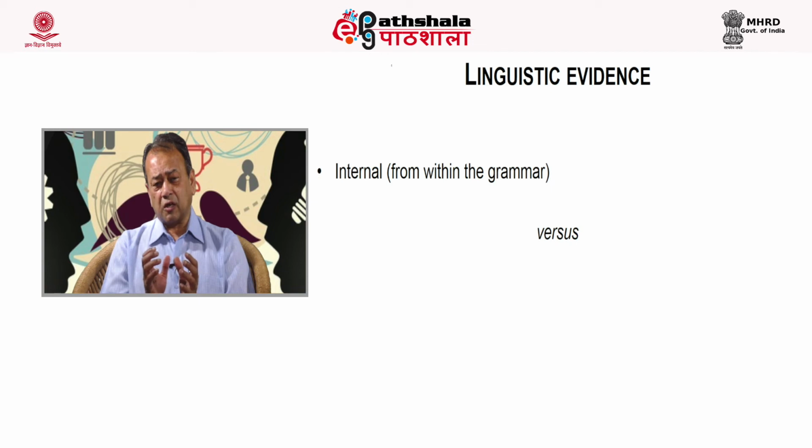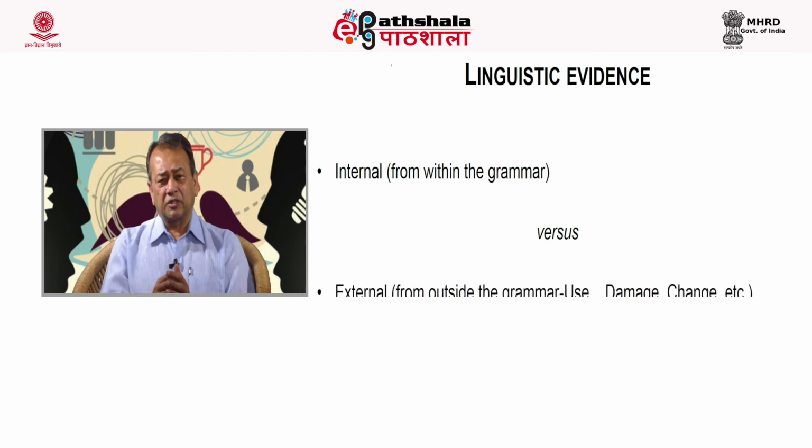If an explanation covers a larger number of facts within the system, then it's preferable to an explanation that covers a smaller number of data in the system. So the evidence sought in support of a theoretical formulation is said to be internal evidence, compared to the functional approaches relying on external evidence.